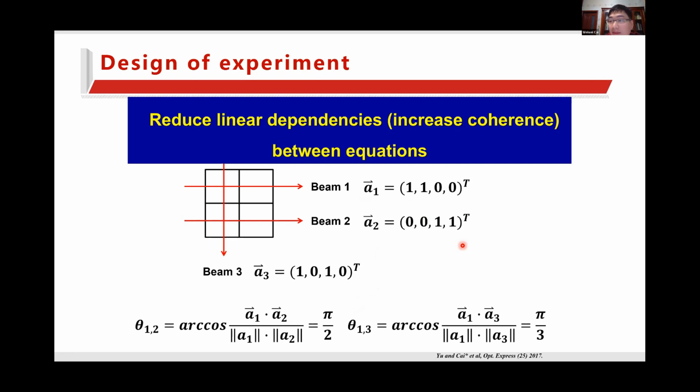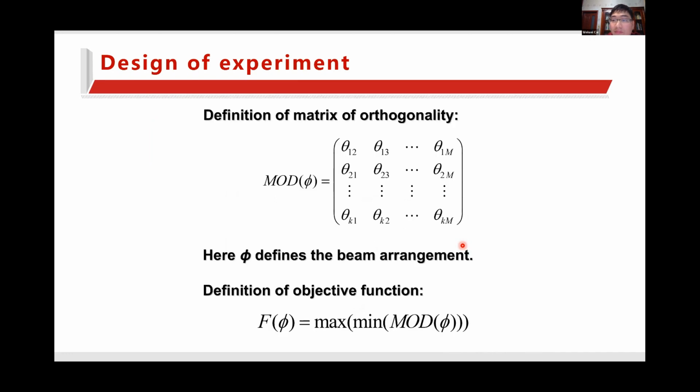To reduce the redundancy, we need a criterion. So we proposed a matrix, which is called the matrix of orthogonality. In this matrix, each element is the angle between 2 vectors.